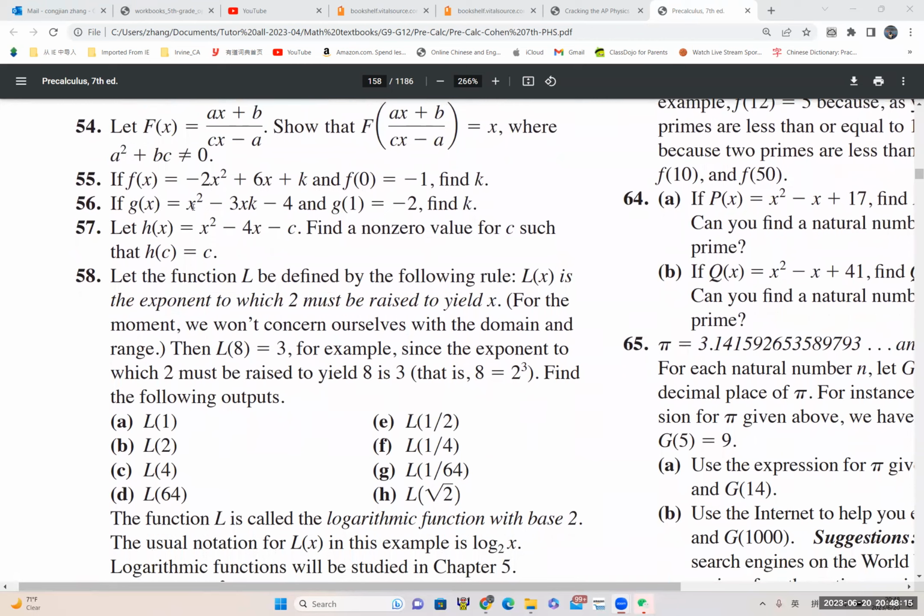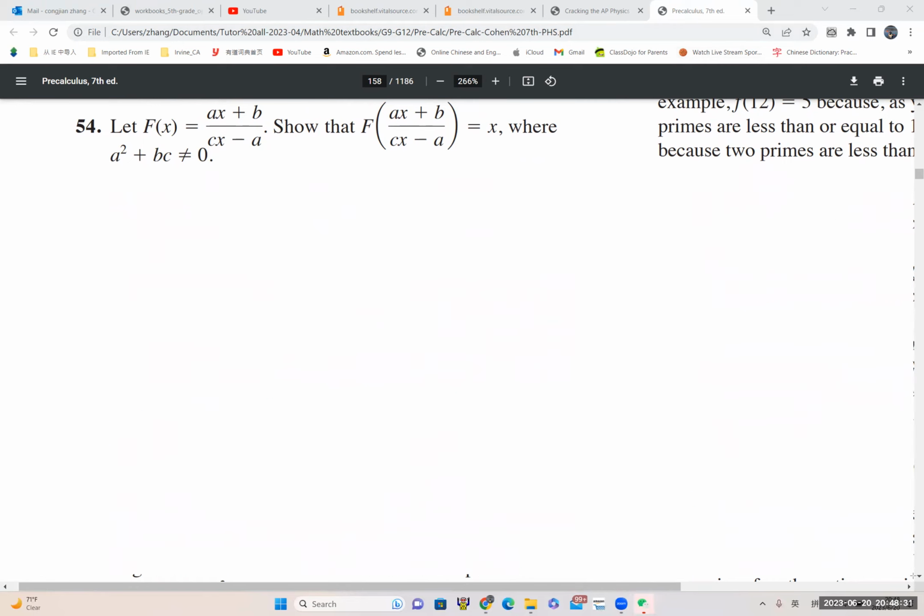54. Let f equal to z. Show that f of z equals x, where a squared plus bc cannot be 0. Yeah, maybe we can work together. Think about it. One thing is we just use this to replace x here, right?